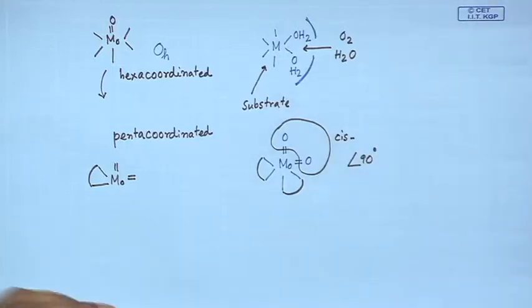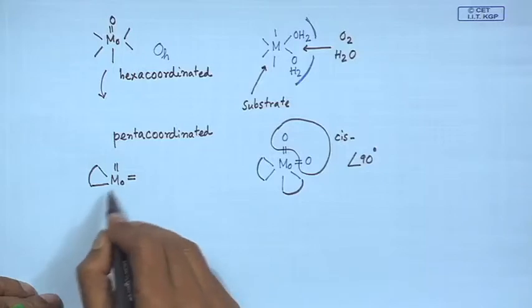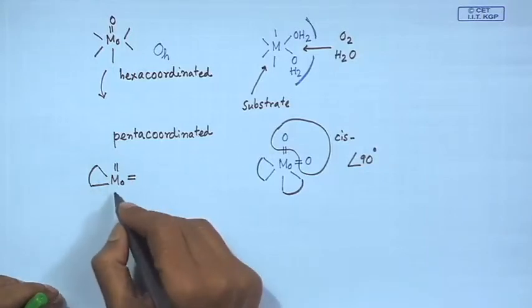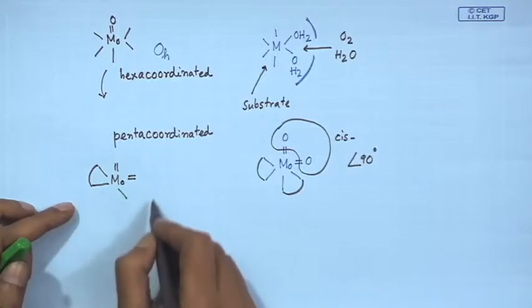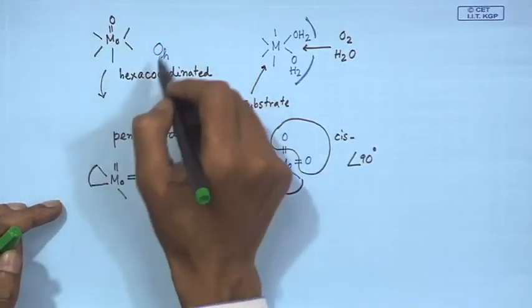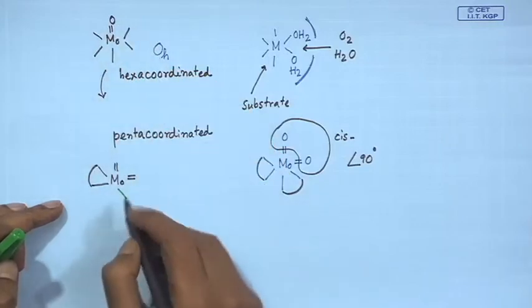So, we are creating more space at the bottom. This particular area is vacant. If only one species is available, you have a large amount of space compared to the nicely occupied positions of the 6 groups around the hexacoordinated one.